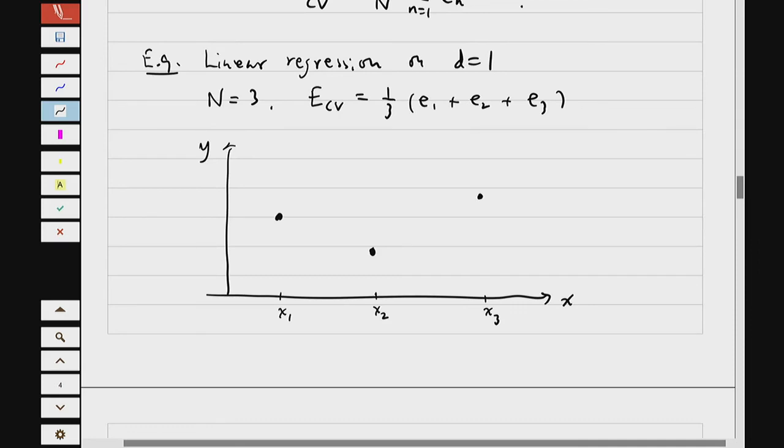So in this example, we have 3 data points. How does cross-validation work for linear regression? First, we take out one of the samples for validation and train using the rest. So we take out x1, and then we have only those 2 left. For linear regression on those 2 points, what is the solution?